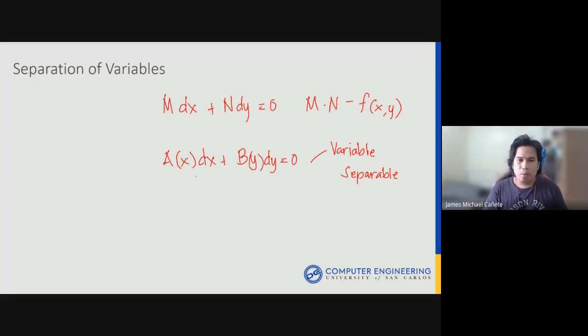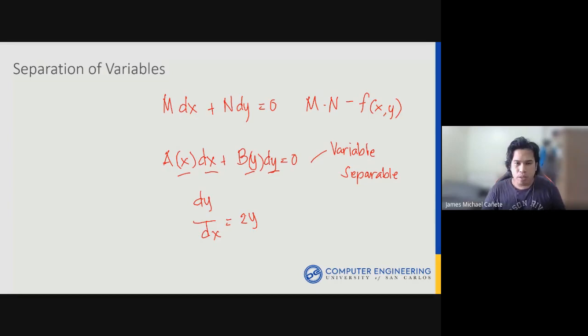One term has a dx component, the other term has a dy, and the coefficients are functions that exist only in x for one, and only in y for the other. So we could have, for example, dy over dx is equal to 2y.